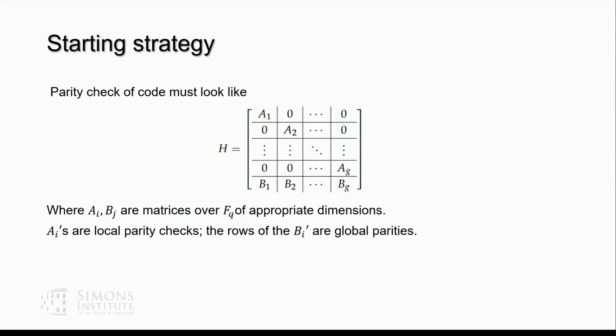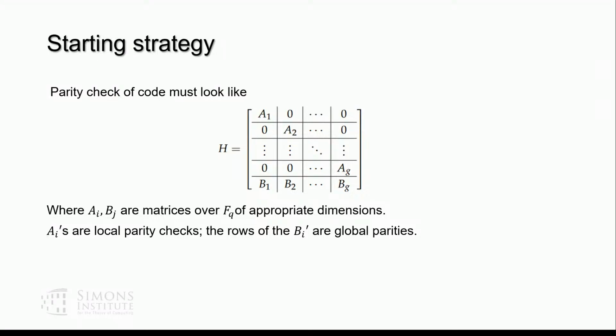In terms of strategies of proving upper and lower bounds, pretty much every paper looks at this matrix. If you think a little bit about it, the parity check matrix of such codes has this nice form.